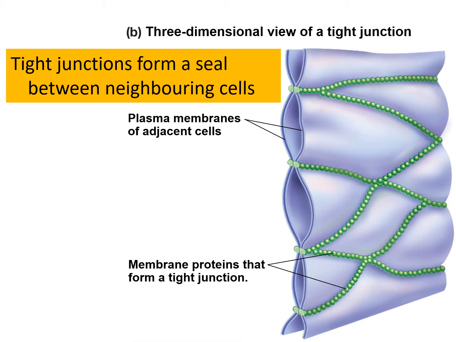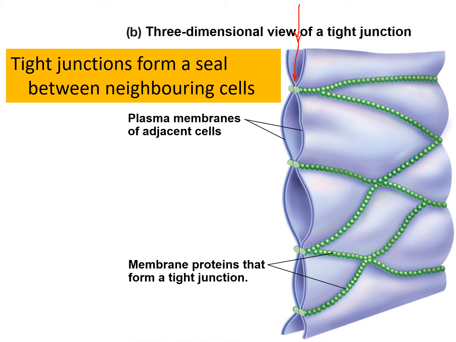Now let's imagine that we had some sort of fluid, some sort of substance up here that was trying to sneak through this tight junction. It can't get past these seals. We see this, for instance, in the epithelial layer that lines the inside of the intestine. And the reason it's there is to prevent materials from seeping between cells out of the intestine and directly into the blood.